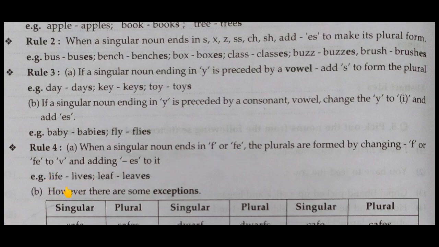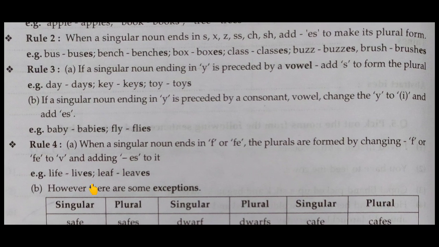So we have to just change fe to v and add es to it. Here also leaf, it is ending with f. That's why we have to convert f to v and add es to it. So you have understood, these are some simple rules. You have to learn them by heart, okay, or remember that, okay.